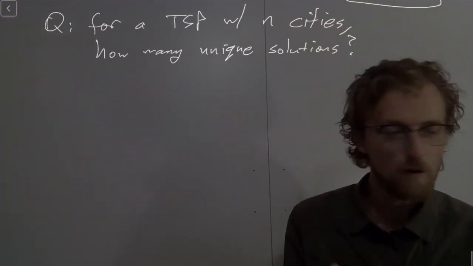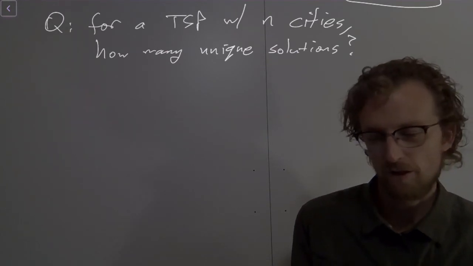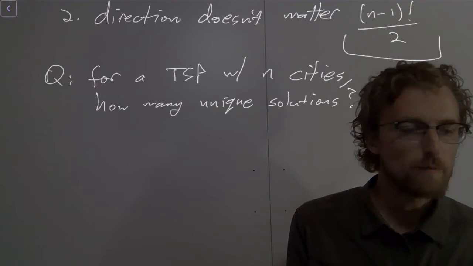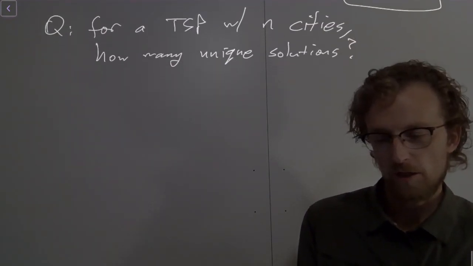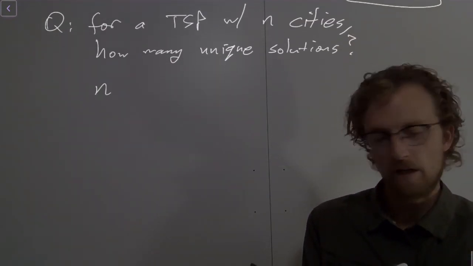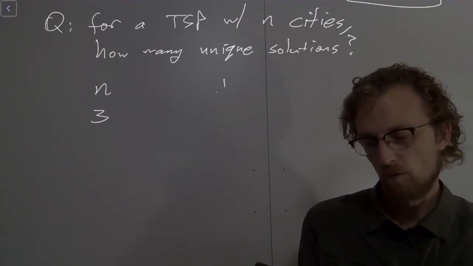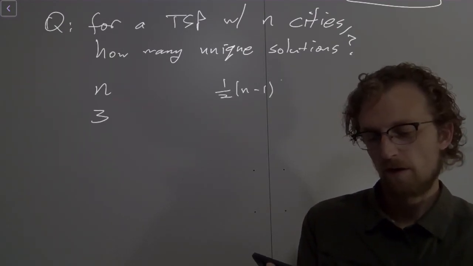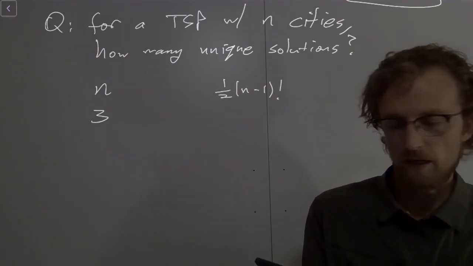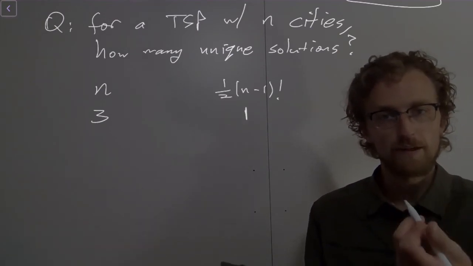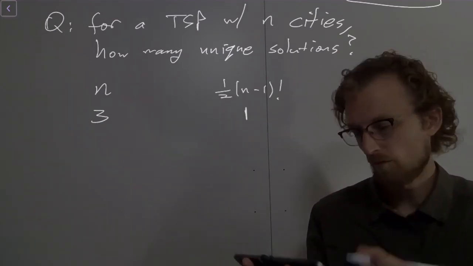Well, it turns out a lot, right? This is the expression, n-1 factorial divided by 2. And so we can actually work this out for some values. Suppose n here is 3, well then 1/2 n minus 1 factorial is only 1, like I've just shown above. There's only one unique way to visit 3 things. You just pick one and walk around.